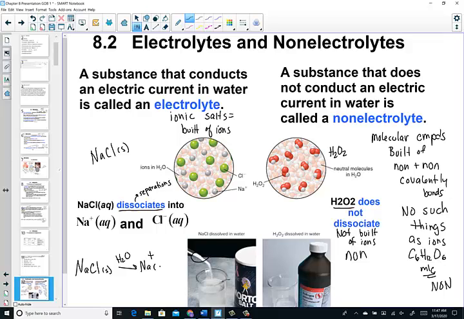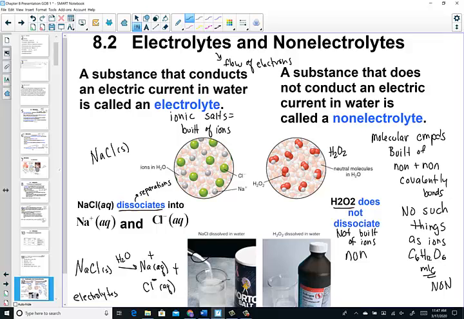You get an aqueous ion of sodium +1 and an aqueous ion of chloride -1. These are considered to be electrolytes because they're built of charges, and an electrical current is really nothing more than a flow of electrons. And a flow of electrons simply comes from charged ions.